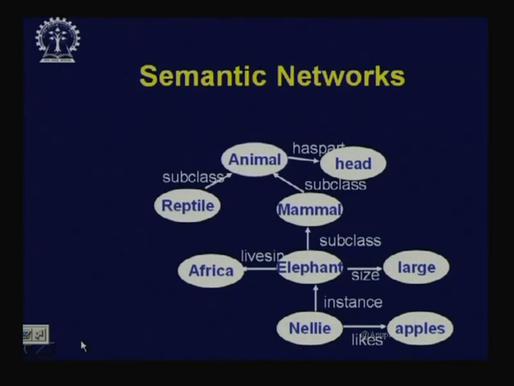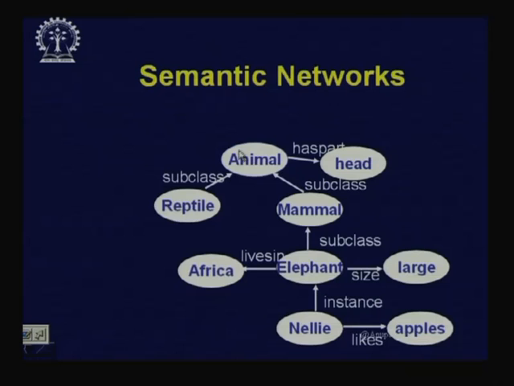Now, here is another example semantic net. You see, now here we have written, instead of is a, I have used specifically the relation subclass, because by now you know that is a is essentially denoting a subclass.